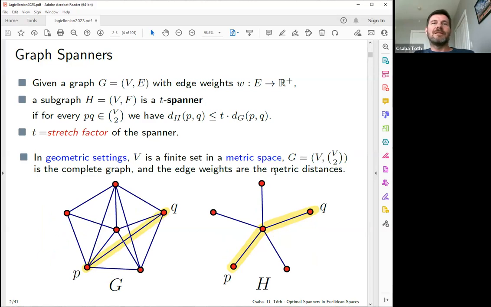What I'm talking about today is the geometric setting, another large area of spanners, where the vertices are a finite point set in a metric space, and the initial graph is the complete graph. Every edge is allowed, and the goal is a sparse spanner that still approximates the metric distances up to a factor t.